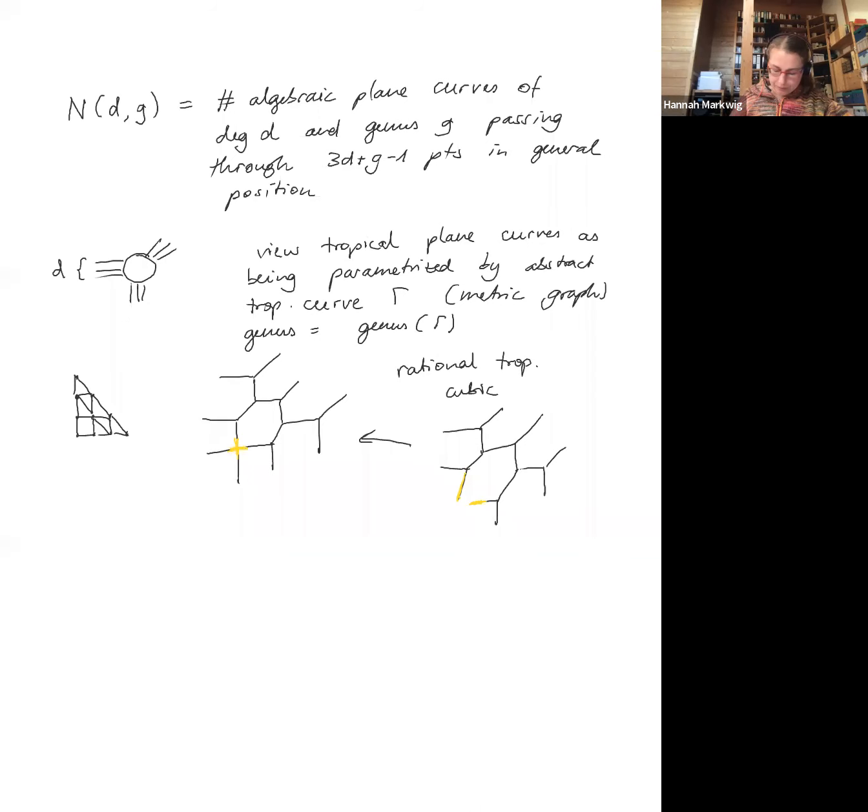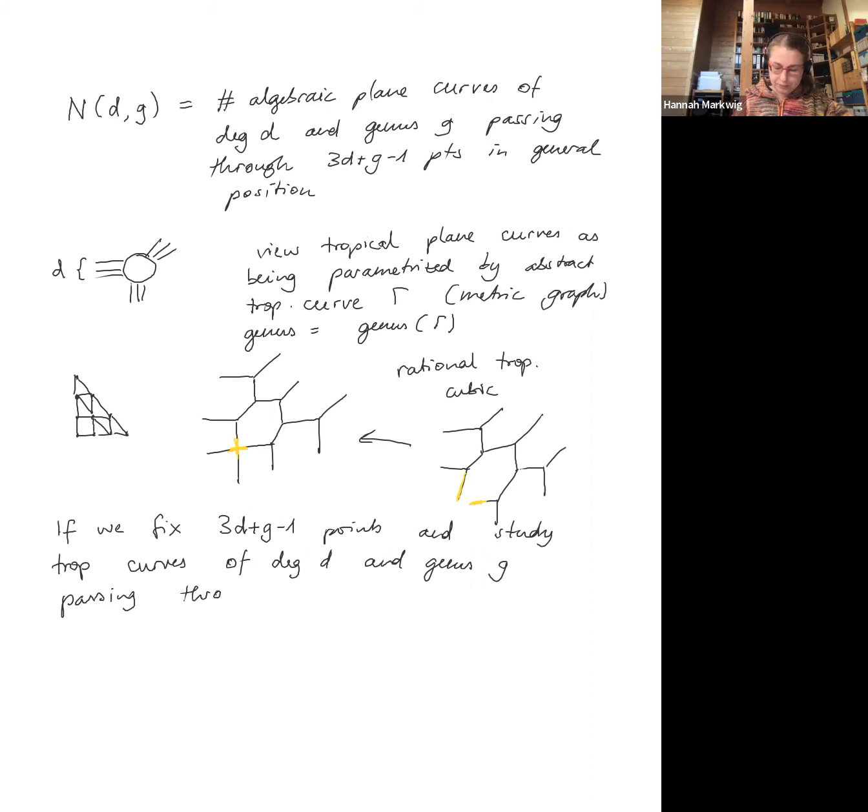If we fix 3D plus G minus 1 points and study tropical curves of degree D and genus G passing through those points, then we expect a finite number.